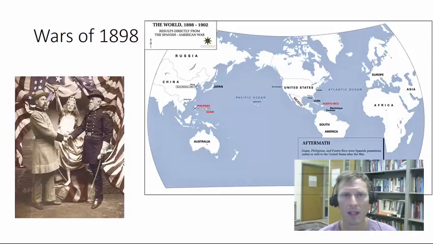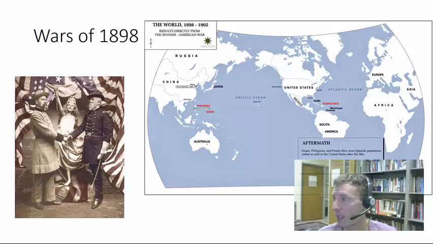So finally, by 1898, about 30 years after the American Civil War, the United States has a war where Americans don't fight each other, but fight against others. In 1898, the United States embarks on a war first against the Spanish Empire and then against the people in those areas that the Spanish had been oppressing.